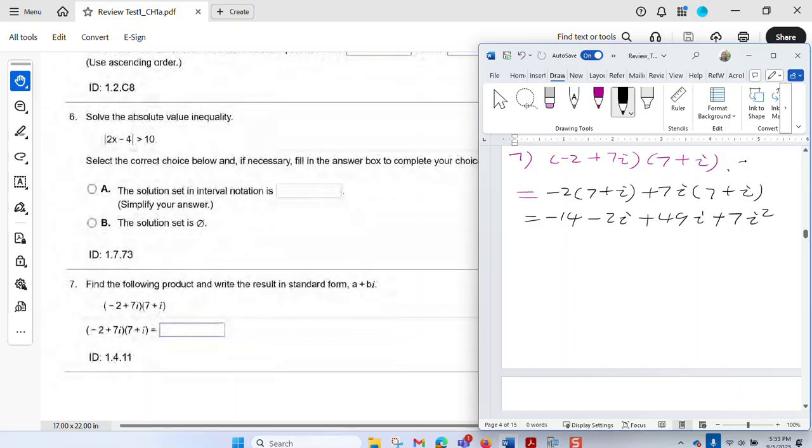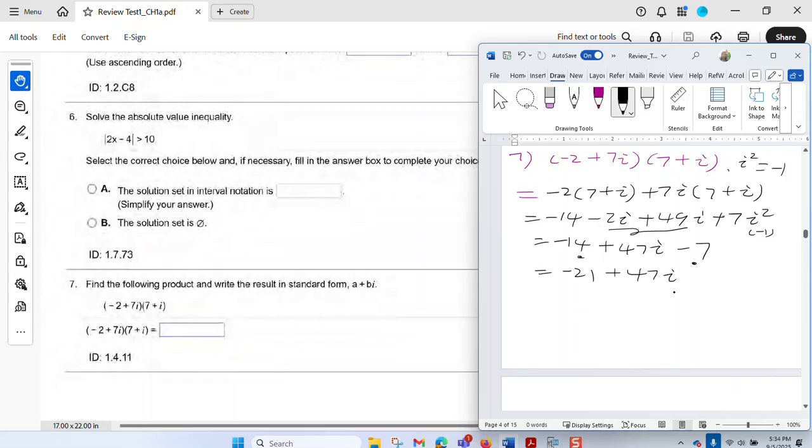So we're going to have a negative 14. These two are like terms, so you combine them together, and that gives you 47i. i squared here is negative 1, so you're going to minus 7, 7 times negative 1. These two are like terms, so combine them together. This will be negative 21 plus 47i, and that's called the a plus bi form.